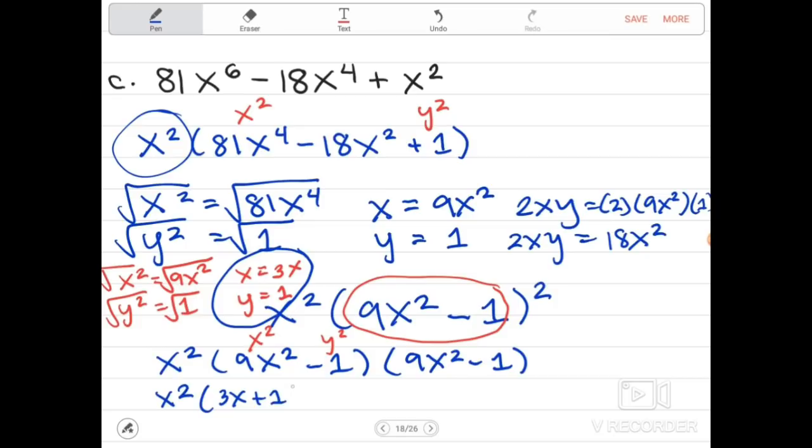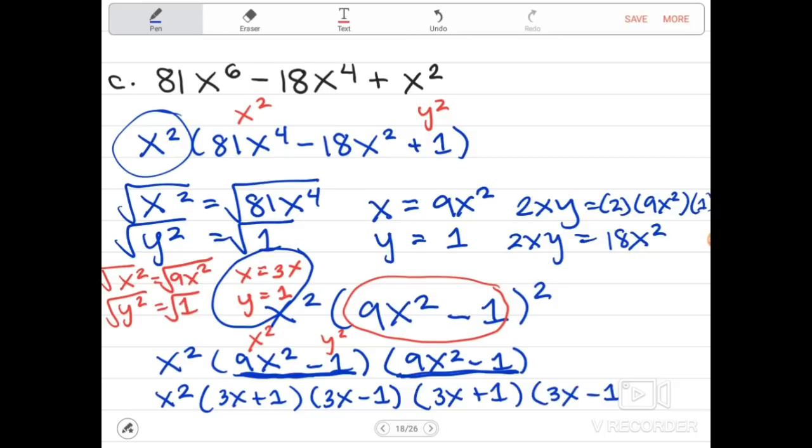Na-discuss natin to dun sa second type of factoring. 3x minus 1. So, kung ano yung factor nito, ito rin yung factor nito, yung pangalawa, kasi pareho lang naman eh. So, 3x plus 1, 3x minus 1. Or, pwede natin siyang isulat as ganito. Or, pwede rin siyang maging x squared, 3x plus 1 squared.